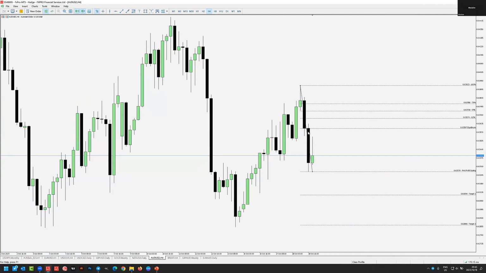Now you're defining where you can go short. We've got fair value gap right here. Our premium range is from equilibrium to 79%. Right there. And we've got fair value gap.